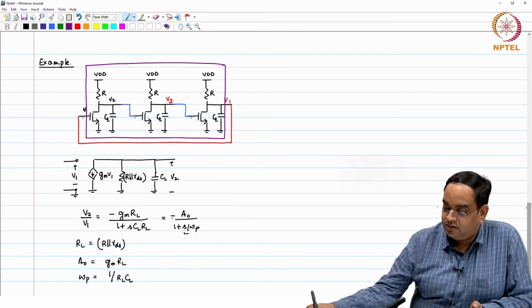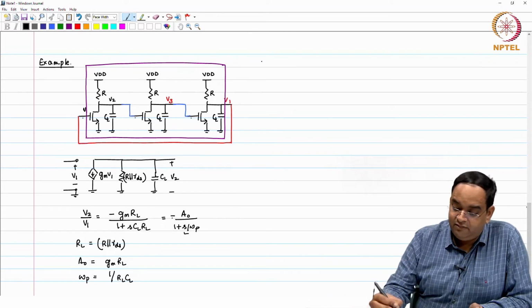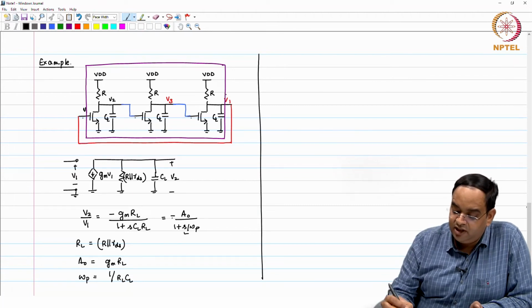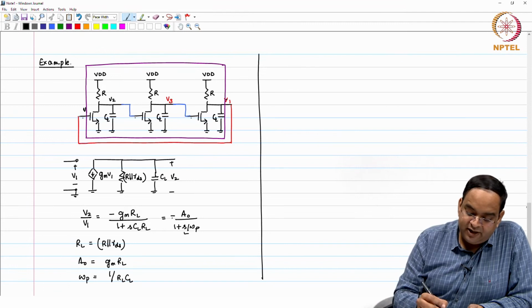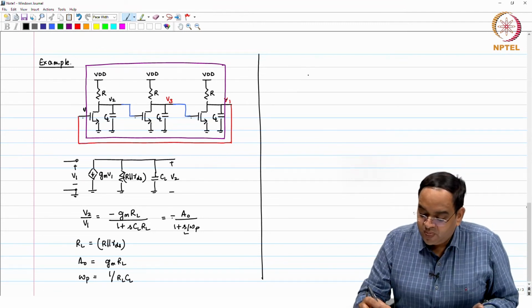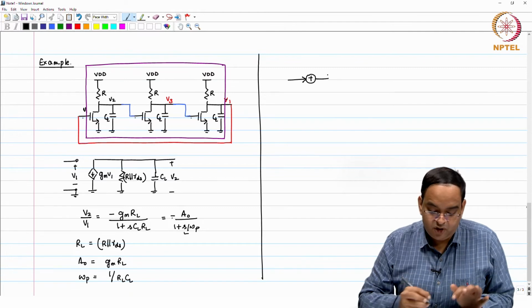This is the block which we have. For this particular block, we are connecting the output of the last stage back to the first stage. Okay. So, I am going to model this using our small signal model.